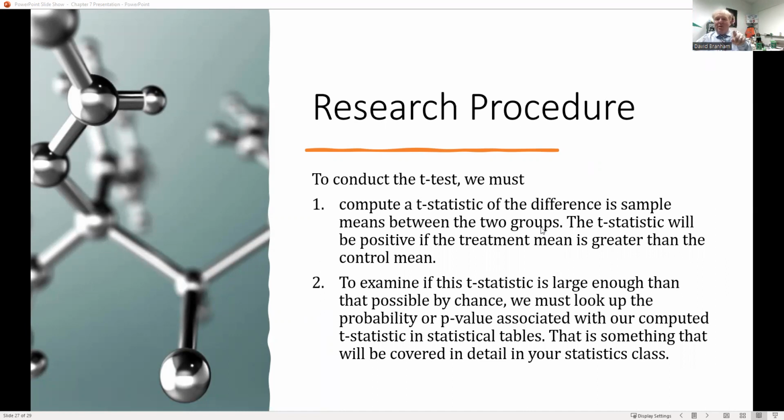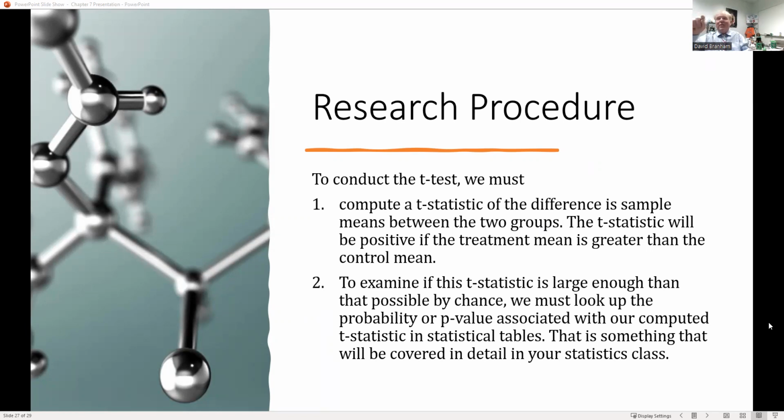So to examine if this t-test is significant, if it's large enough that it is unlikely to be by chance, we look up the p-value associated with our computed t-statistic in the statistical table. So you actually go to a statistical table and look, this is my t-score.